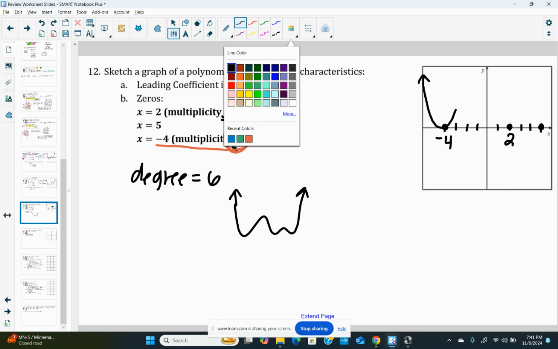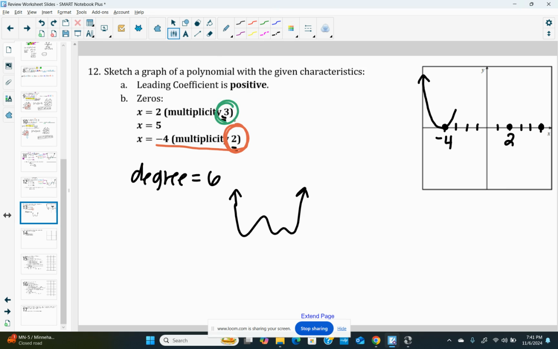And so at 2, that's an odd multiplicity, so it's going to cross at 2. So when we come back down, we have to cross at 2. And then it's going to need to go to 5. And 5, remember, is a multiplicity of 1, so that's odd. So it's going to cross at 5. So I'm just going to go back up and cross at 5, and then just keep going up so that both ends go up.